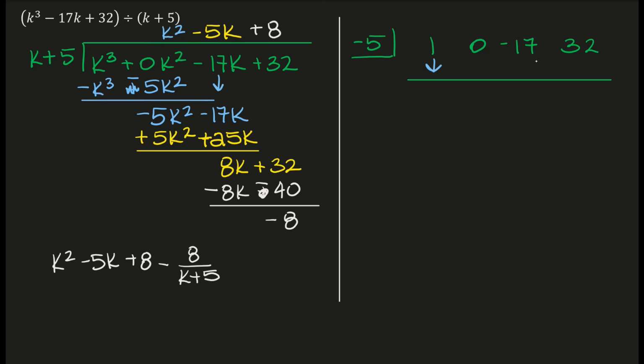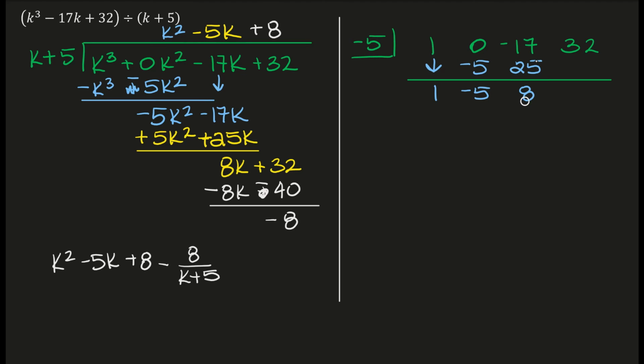So we bring down the 1. Negative 5 times 1 is negative 5, and then I add. 0 plus negative 5 is negative 5. Now we multiply. Negative 5 and negative 5 give me positive 25. Negative 17 plus 25 gives me 8.